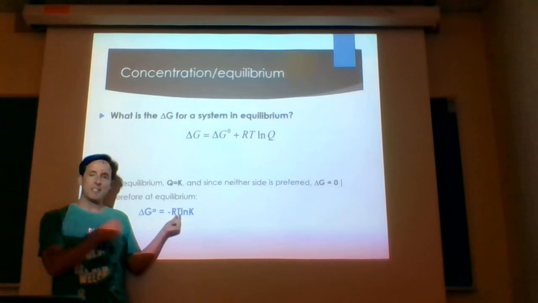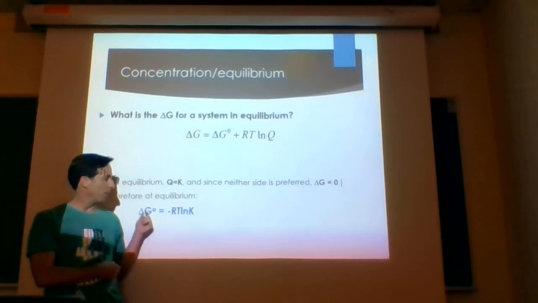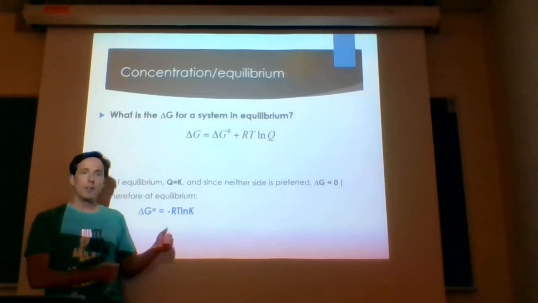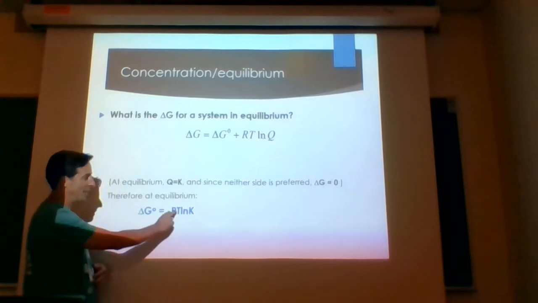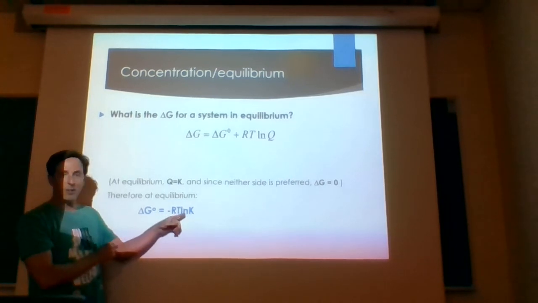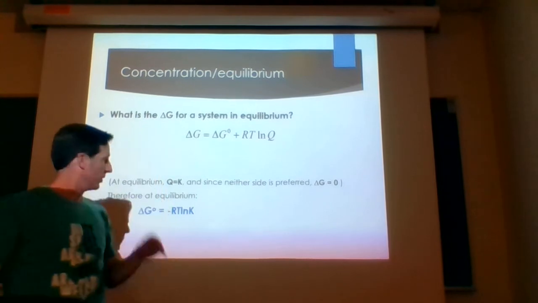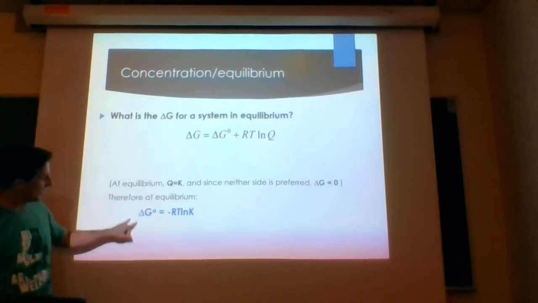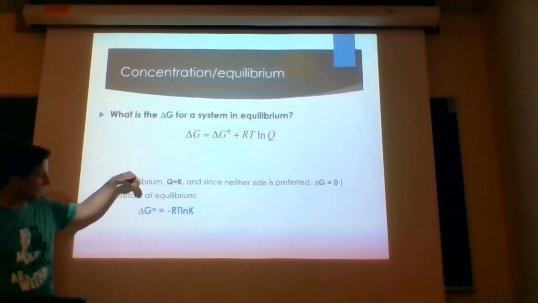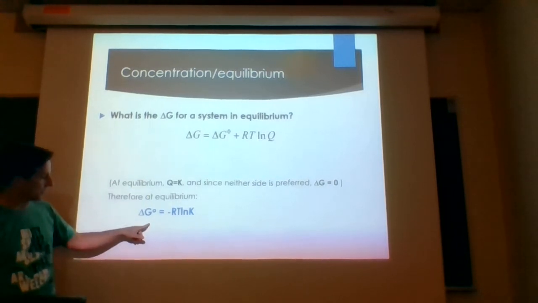The temperature it said on the previous slide was 298 Kelvin. And if I plug all that in, you should be able to solve for K. Now, to do that, you're going to divide the negative RT over, and then to get rid of the natural log, the second function on your calculator ought to be e to the x. So you're going to divide these over, get a number on this side, just do the 79.9 divided by the 0.008314 times 298.